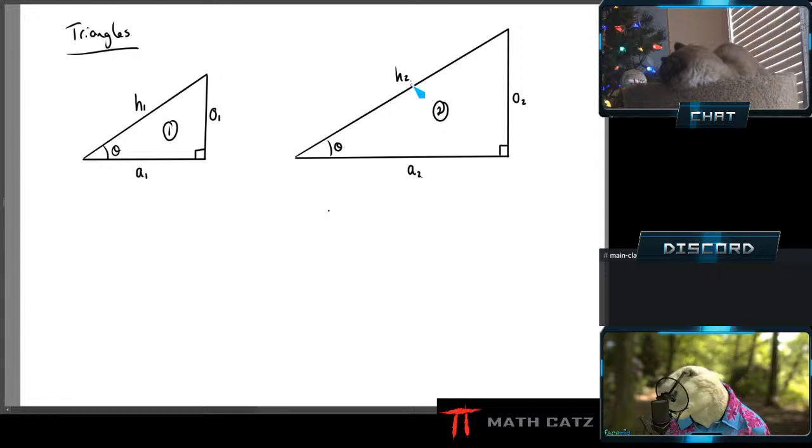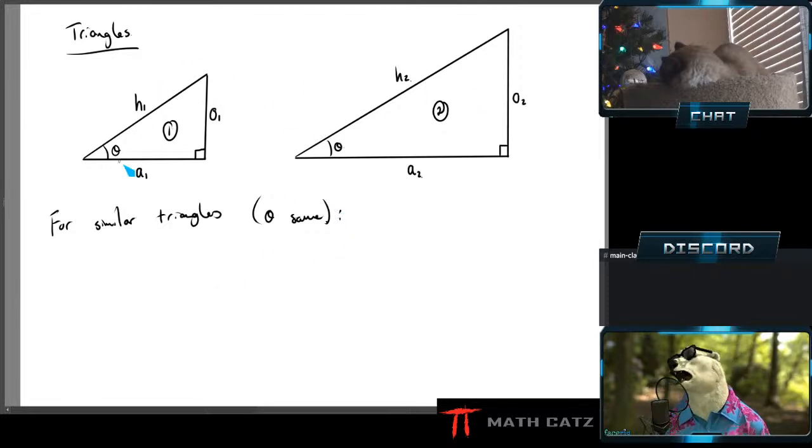So what they found, similar to the circles and the wedges and the arc length radius relationship, they found that for similar triangles, meaning the theta is the same, the angles are the same, these ratios of all the combinations of fractions I could make with these three, adjacent, opposite, and hypotenuse, there's a consistency.